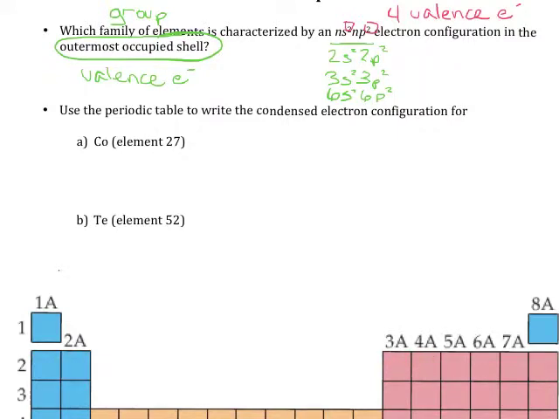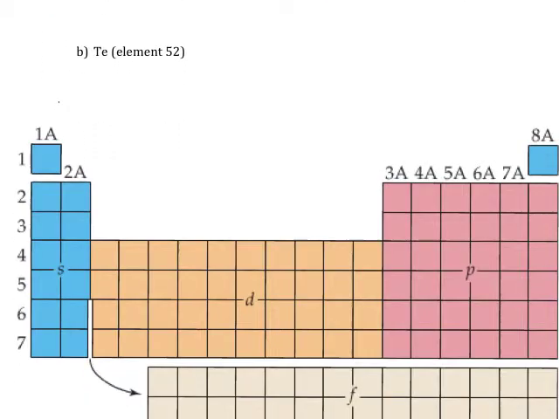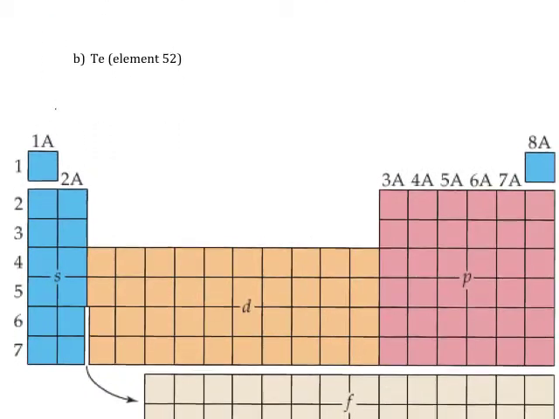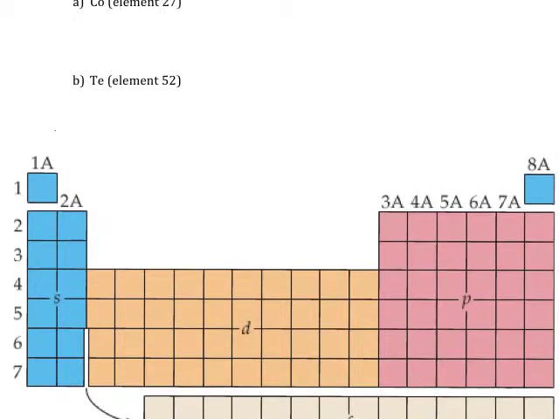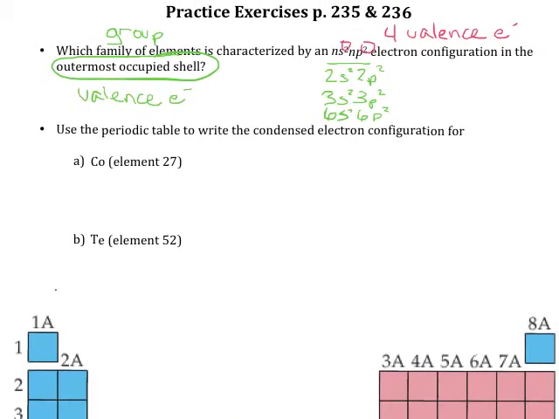So no matter what we're talking about, it doesn't matter which energy level, anything with an outermost configuration of s2 and p2 is going to be here in that group 4A. So the answer to this question is that family, group, or column with that outermost electron configuration is going to be group 4A.